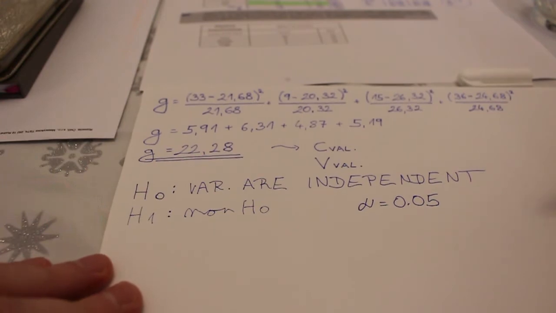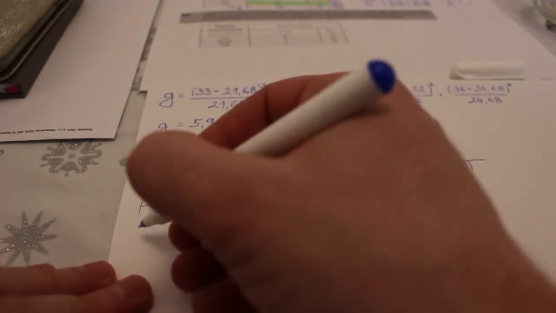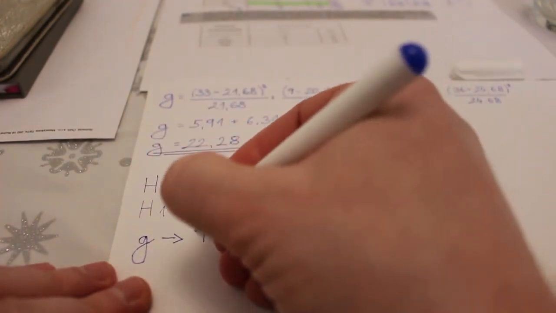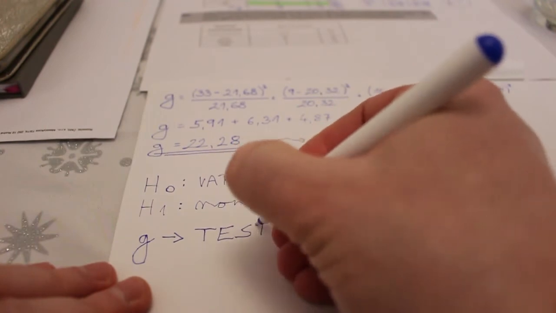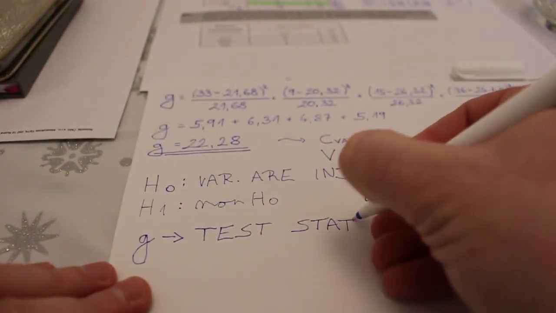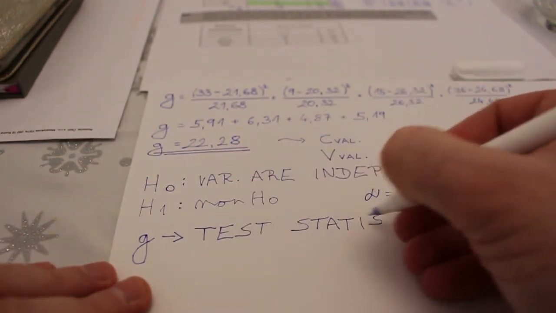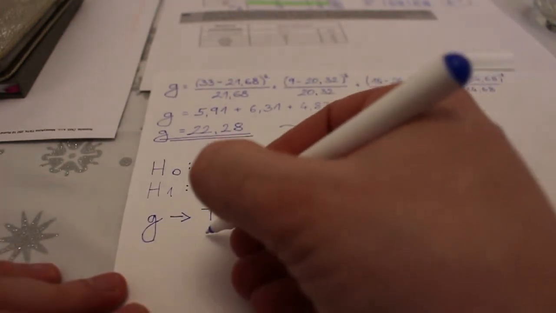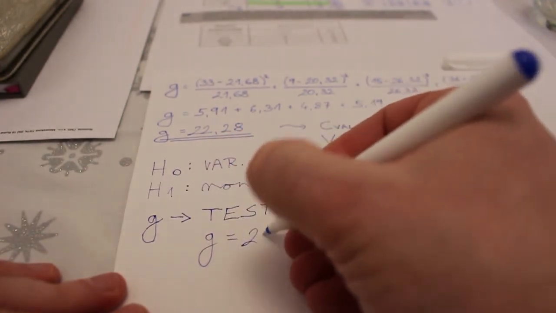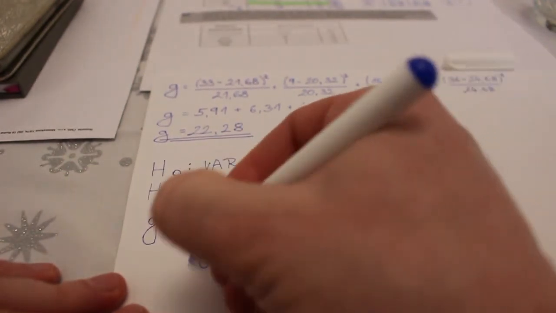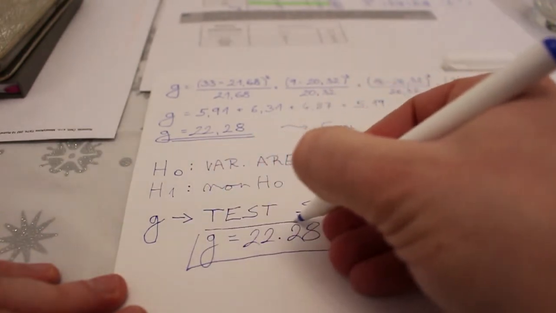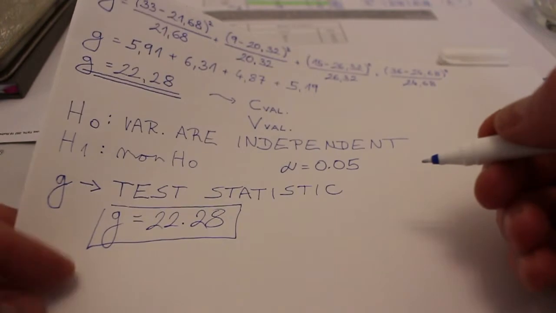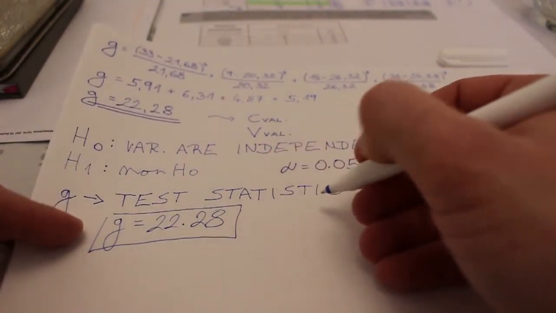Okay, what is necessary for us? For us, it's necessary the value of G, because the value of G is now the test statistic. Yes, test statistic. And this test statistic G, equal to 22.28, will be compared with the critical value. Please check your formulas and find here a rejection region.